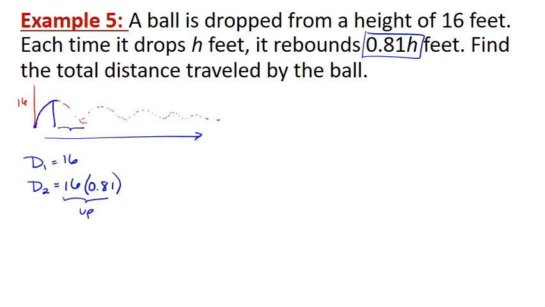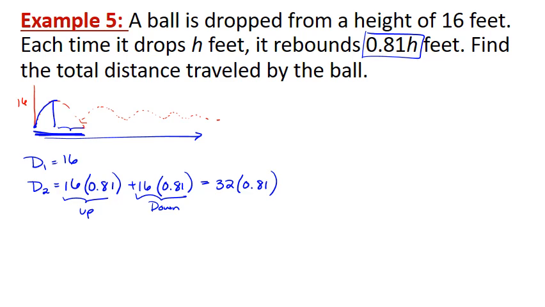To get the downward part, I'm going to take 16 times 0.81, because whatever goes up needs to come down that same distance. So this is the down part. This gives me this first hump, if you will. I can add this together, or I can write this as 32 times 0.81.